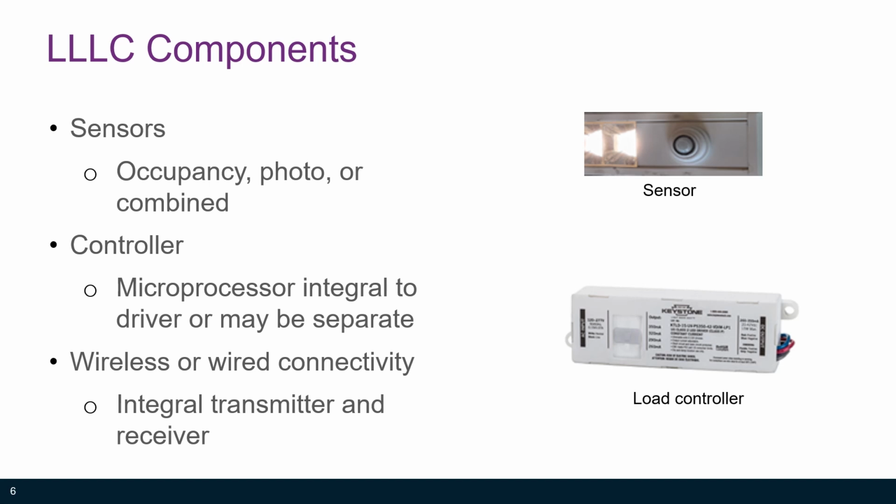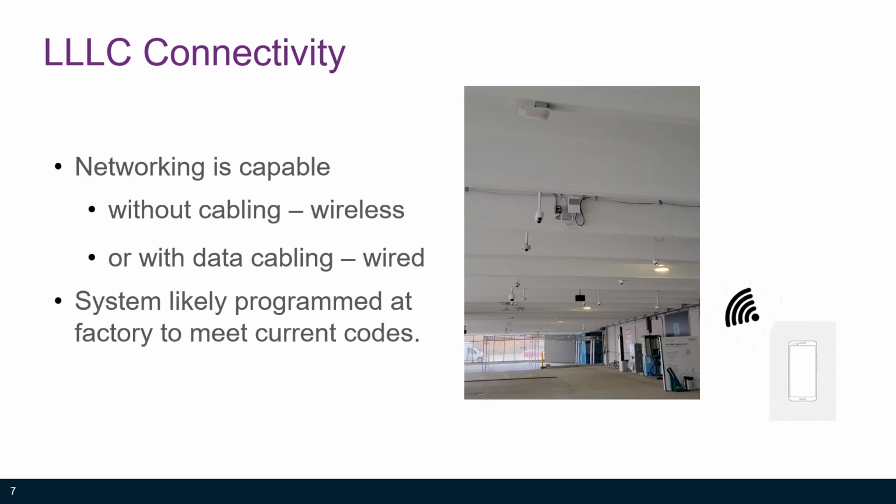Wireless connectivity is achieved via an onboard radio transmitter and receiver which connect the luminaire to an LLLC network. The system can be networked, connecting all of the luminaires and sensors to the controllers. The network can be set up wirelessly or with the use of data cable.